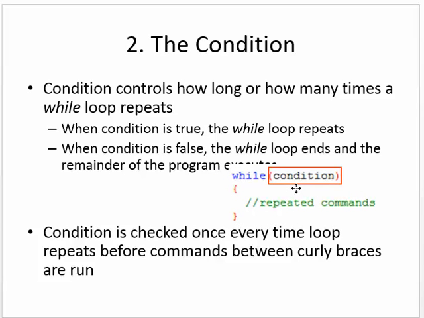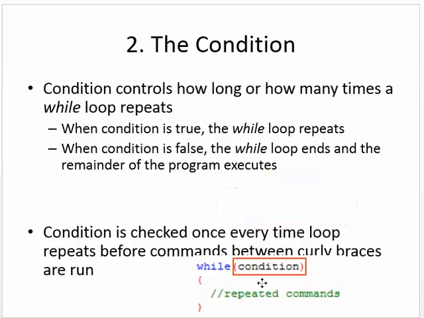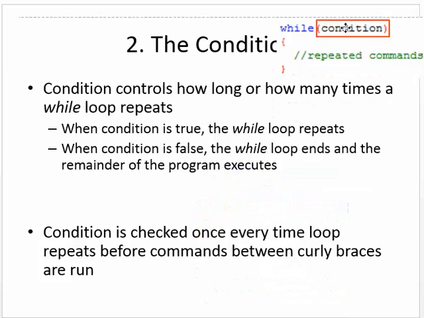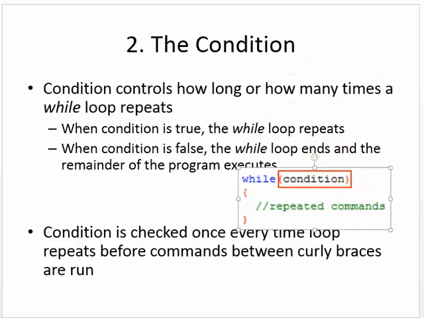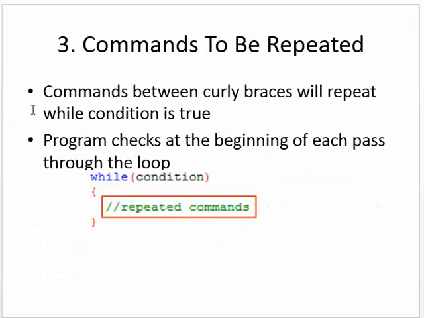The condition is checked once every time the loop repeats, before the commands between the curly braces are run, and that's important. Commands between curly braces will repeat while the condition is true. The program checks at the beginning of each pass through the loop.